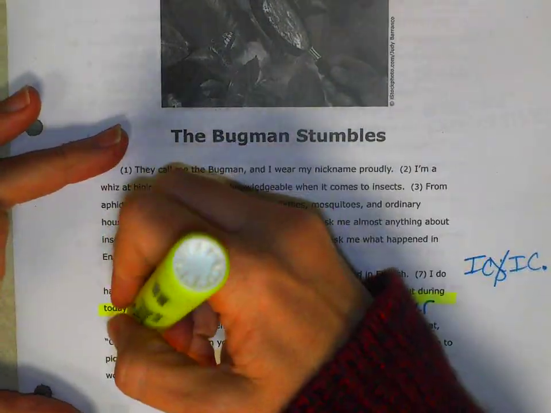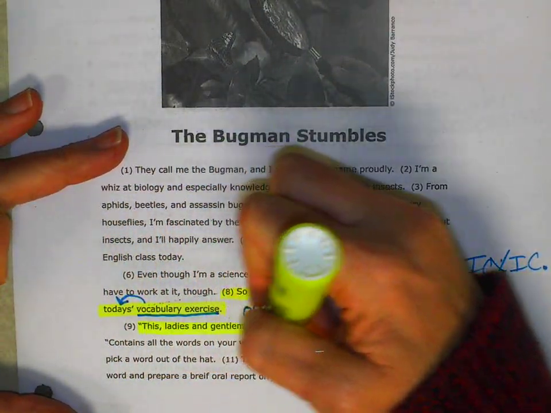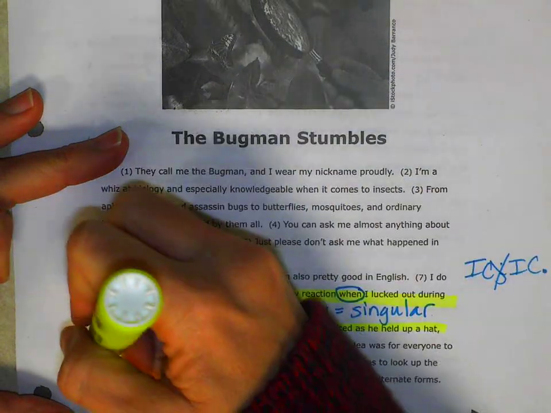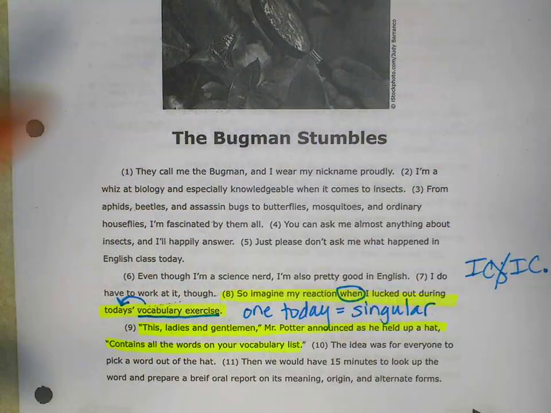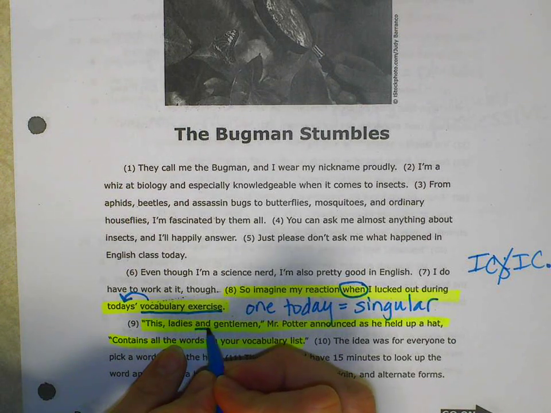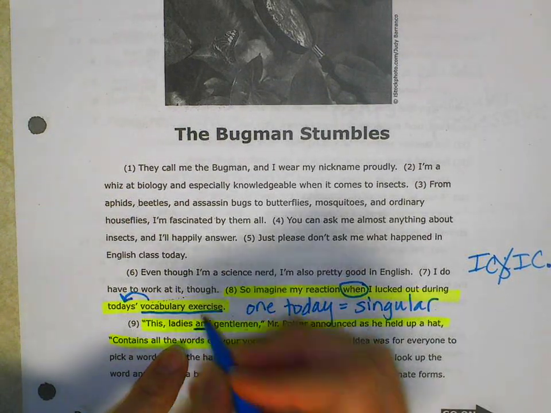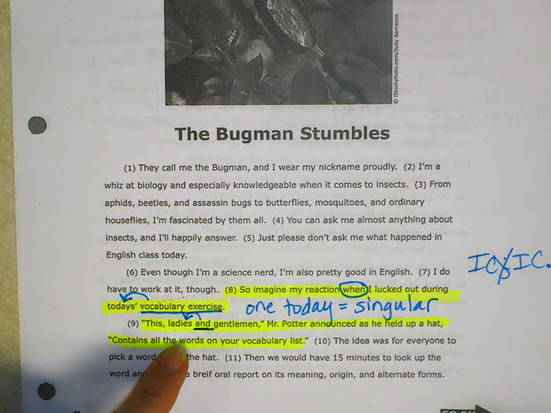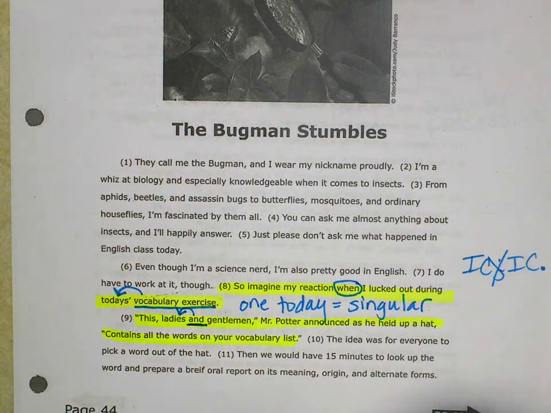It says, this, ladies and gentlemen. Okay, so here's the word that comes after it. Are the ladies owning the word and? Does and belong to them? Or are we just talking about more than one lady?